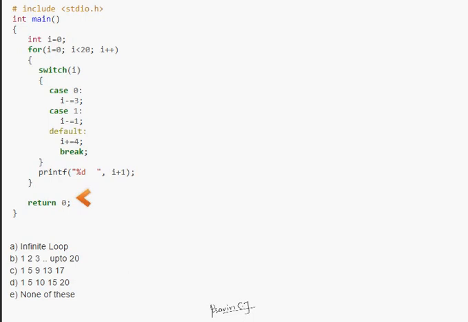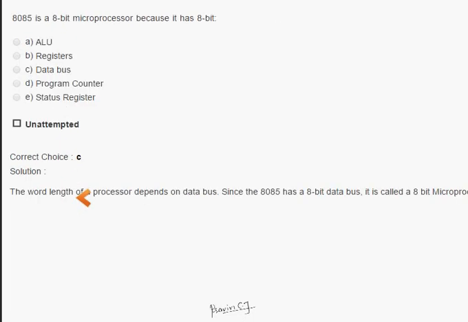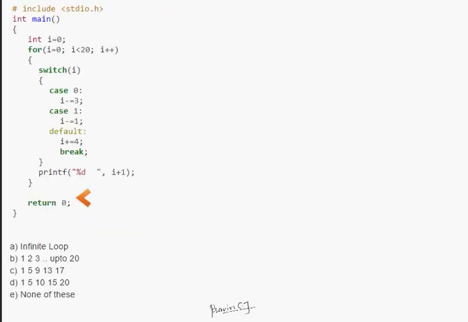What will i plus 1 print? i plus 1 prints minus 3 plus 1, that's minus 2. Infinite loop? I don't know. Find out the answer. Try it at home. We will return to this question again.